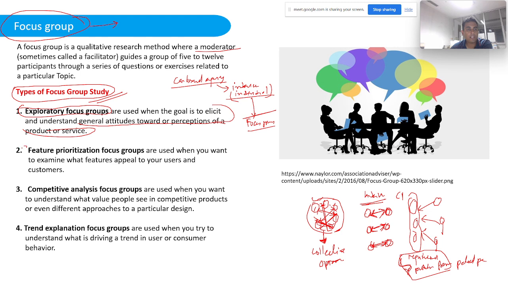Another type of focus group study is feature prioritization. That means when we are in a phase where we need to fix features, whether particular product features or organizational features, we discuss a topic among a set of stakeholders who are the users of this particular tool, and they provide inputs on priorities of various features.